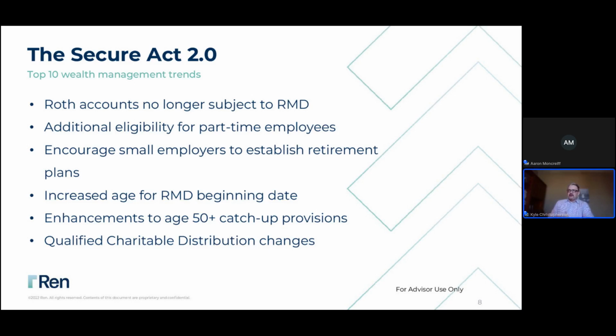So what the Secure Act has done is now they have indexed this for inflation starting in 2024. So now the $100,000 limit for the qualified charitable distribution directly from your IRA to a charitable organization is going to go up as inflation increases, which obviously is a concern in today's environment.